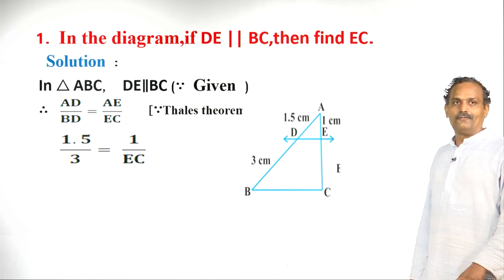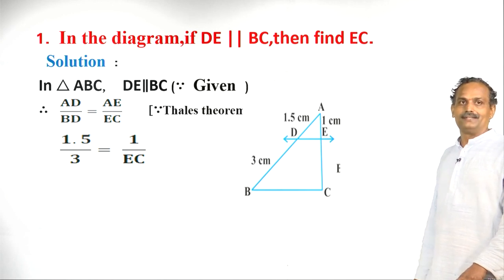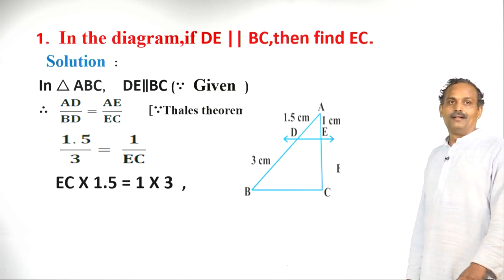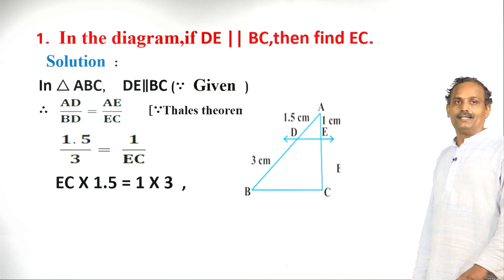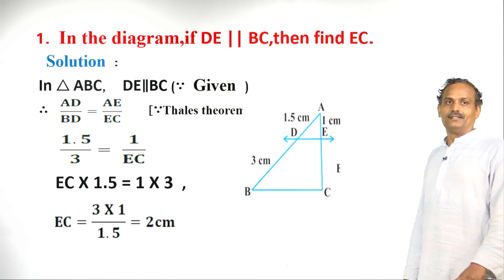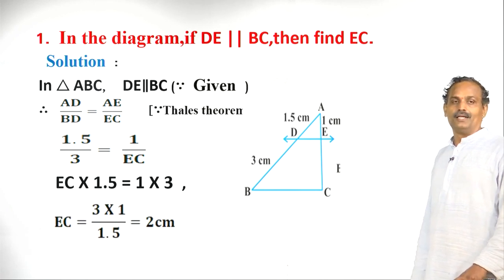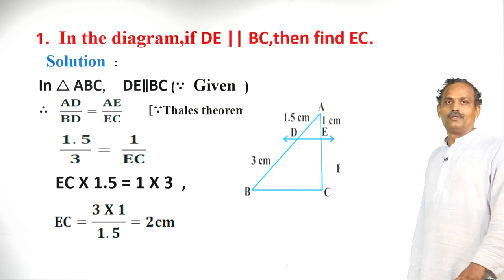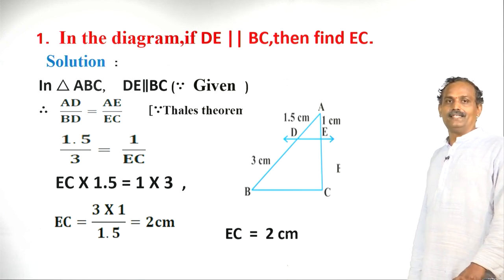AD is 1.5, BD is 3 centimeters, and it is equal to 1 by EC. Let us cross multiply. EC into 1.5 is 1 into 3. On simplification, EC is 3 into 1 by 1.5, which is 2 centimeters. So the length of EC is 2 centimeters.